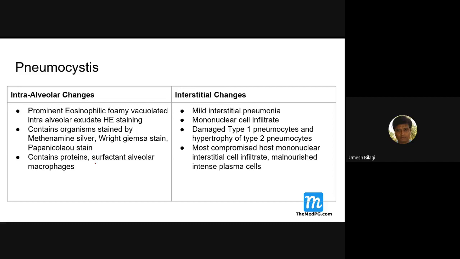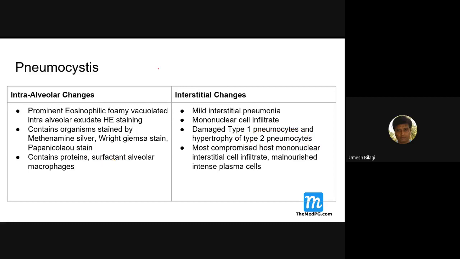This surfactant is increased because there is hypertrophy of type 2 cells. Type 2 pneumocytes secrete surfactant. So there is hypertrophy of type 2 cells in interstitial pneumonia, and you expect surfactant also to increase.